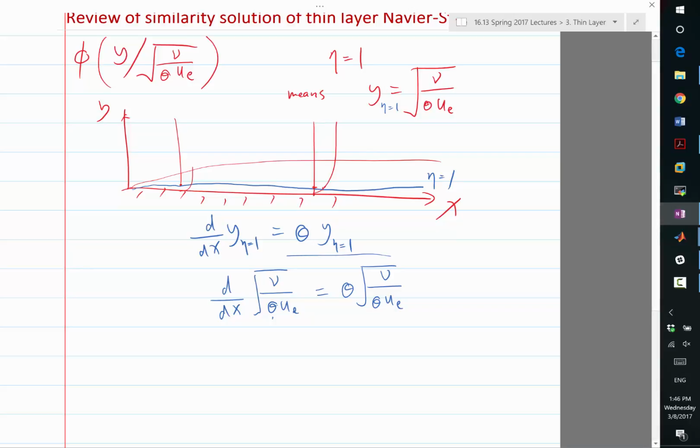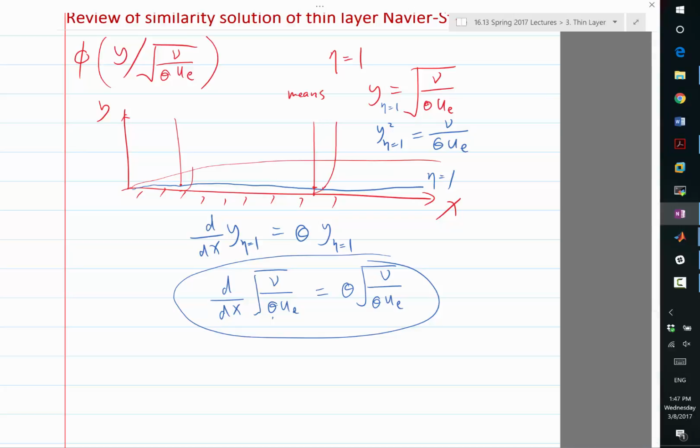This is probably not the most efficient way to do this. Let's take another approach. Because I don't want to deal with the square root, let's square both sides of this. So let's say y at eta equal to 1, squared, is equal to nu divided by theta ue. I think that'll be a little bit easier to do.